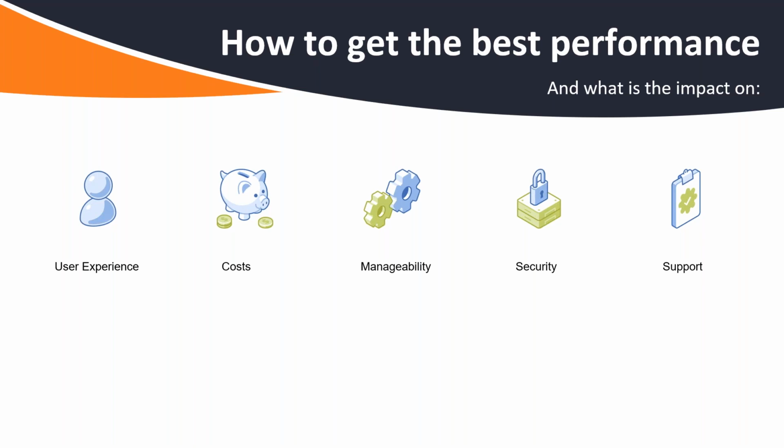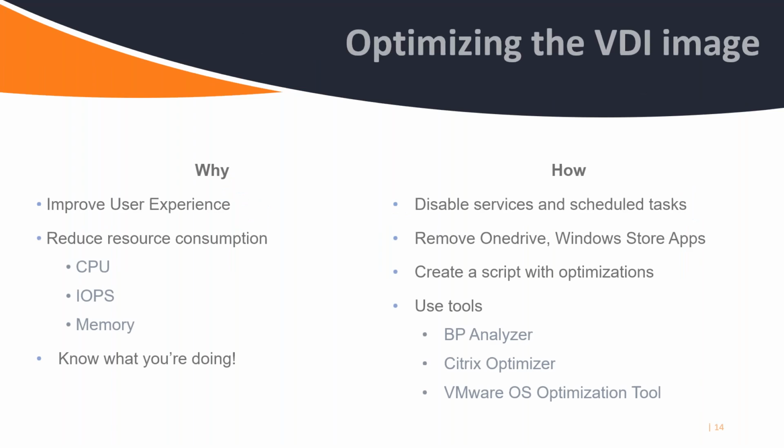So when we look at the first step, it's optimizing your image. And obviously, why should I do that? It's improving user experience. We're reducing the number of components that run in that desktop or server OS VDA. So it is more efficient, it runs smoother, it improves user experience. You're pimping your car.